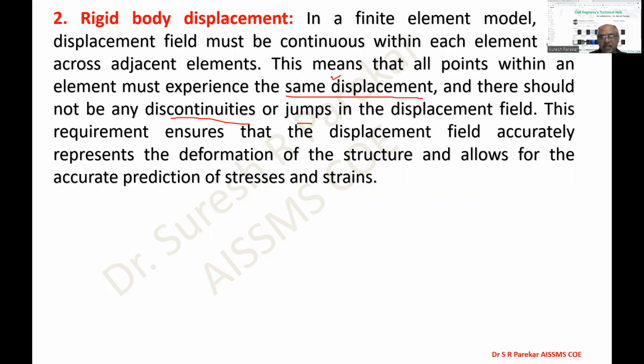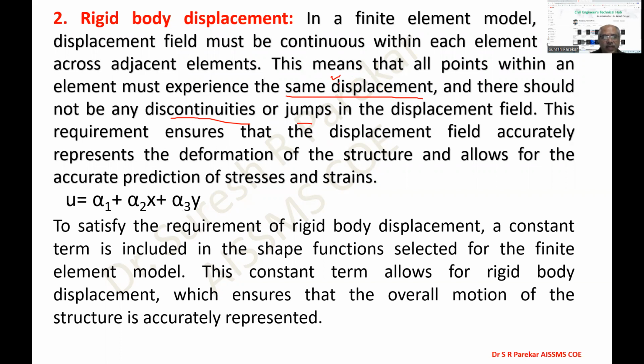To achieve this, we consider in our model one constant term. You can see the constant term alpha 1, which allows for rigid body displacement and ensures the overall motion of the structure is accurately represented. So to satisfy this requirement, we consider a constant term in the shape function, or we can say in our displacement model.